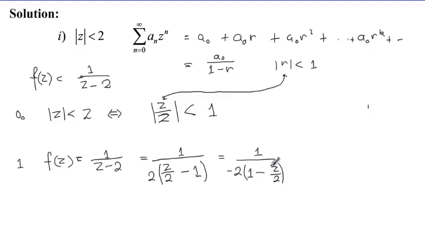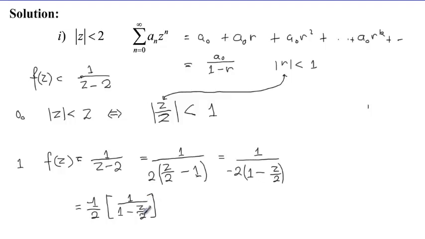Now, at this stage, I think we can see that we're closer to having something like this. What you can do here, we can now have minus 1 over 2, and in brackets have 1 over 1 minus z over 2.